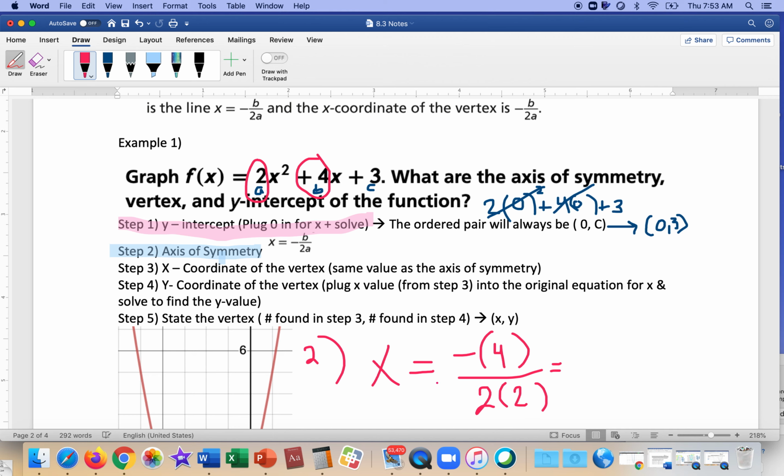Okay, so our axis of symmetry, that vertical line that slices our graph in half, goes through the x-coordinate of the vertex, is x equals negative 1. So this is a vertical line, right?